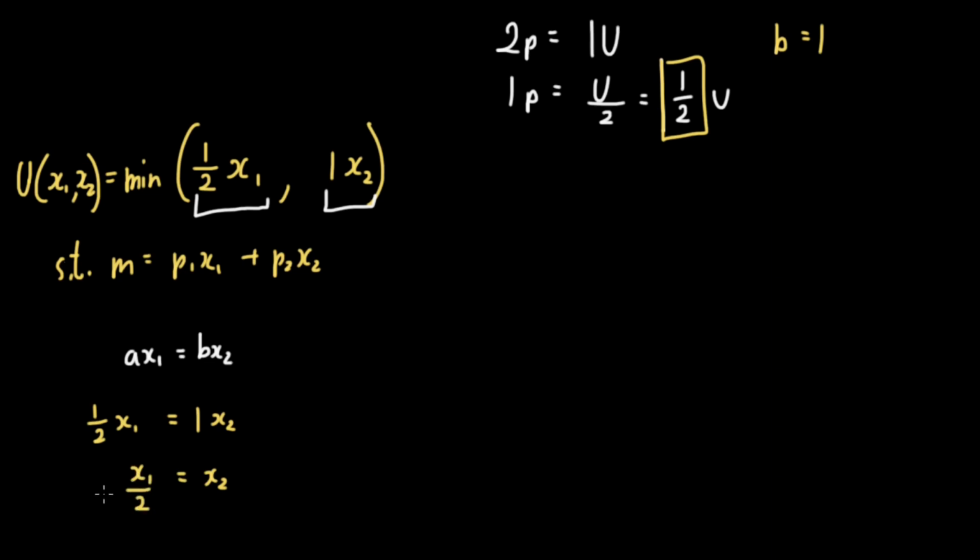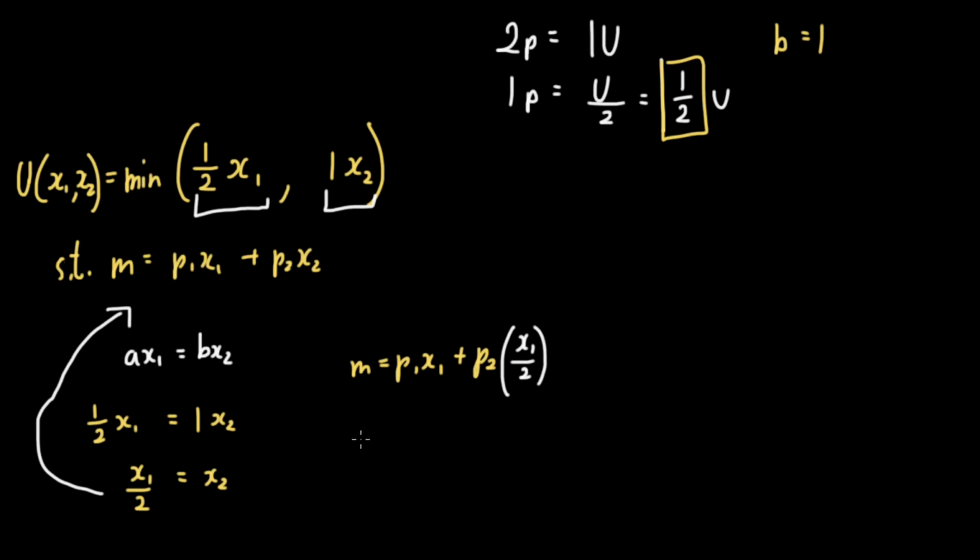And given this value, we want to plug this into our budget constraint. And so m would now be equal to p1 x1 plus p2 times x2, which we found was equal to x sub 1 over 2 when we're trying to maximize utility. And now what we want to do is to isolate x sub 1.